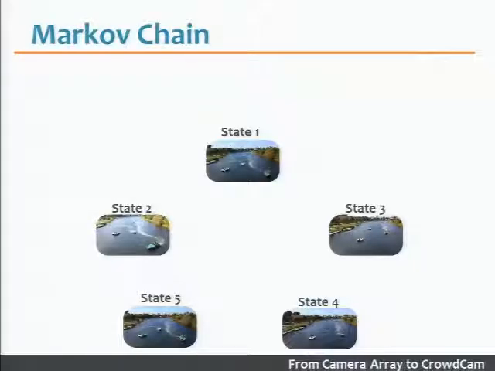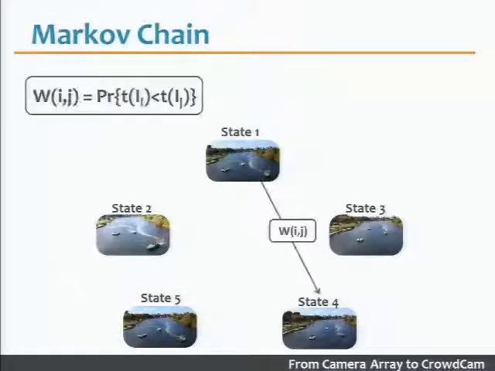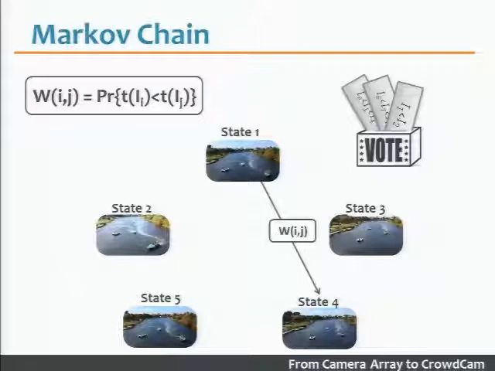Now each image is a state in the Markov chain, and an edge between state I and state J is the probability that image I was captured before image J. We compute these weights from the partial orders we already computed.